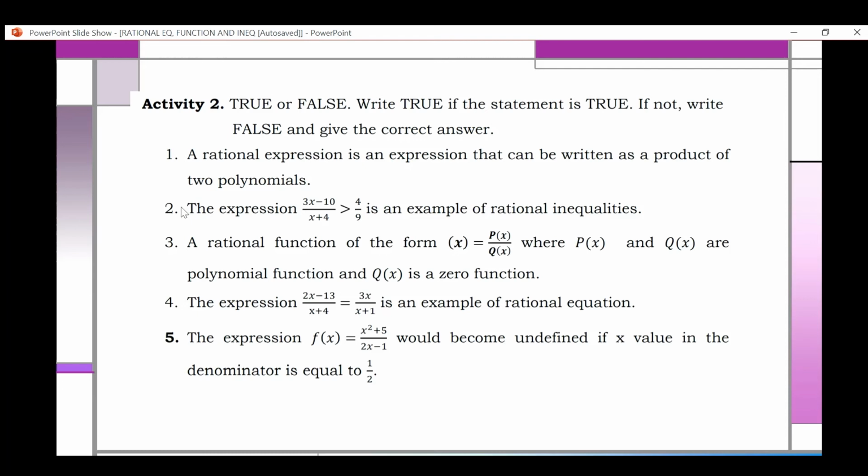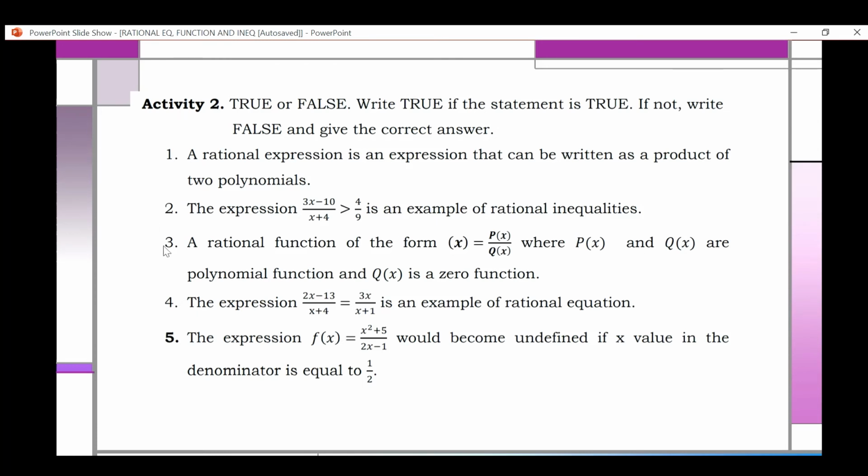Okay? So for number 2, the expression 3x minus 10 over x plus 4 is greater than 4 over 9. This is an example of a rational inequality. So the answer here is true because we have here a rational expression and the usage of greater than sign or an inequality sign.